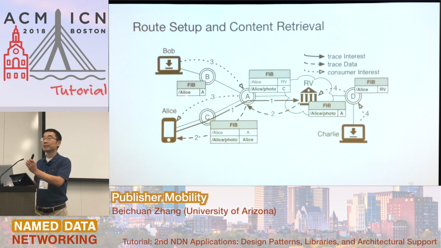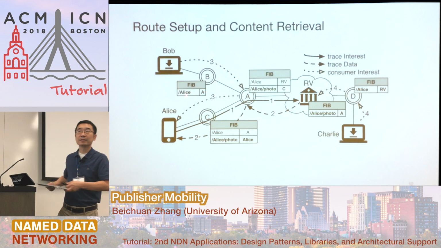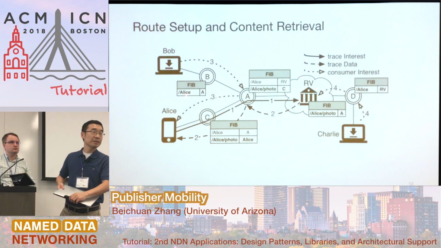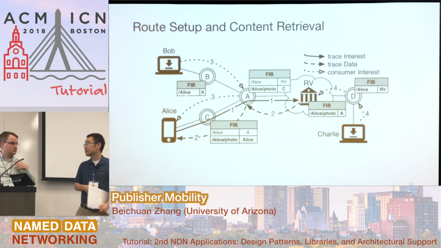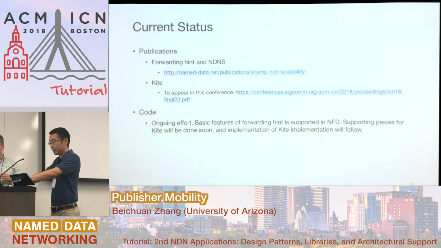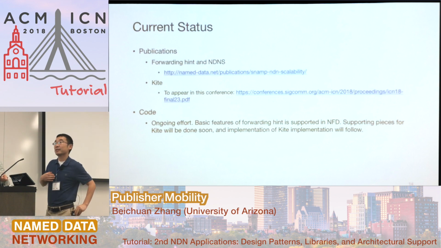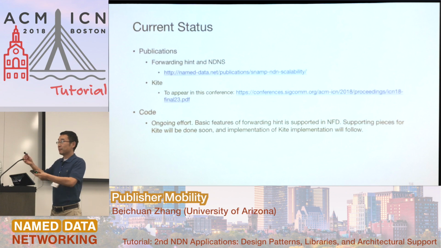Trace interest is different, but it is identified by the name rather than a different packet format. Same format, but we reserve the word to identify it as a trace interest.